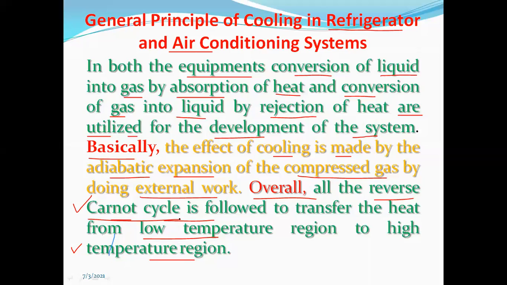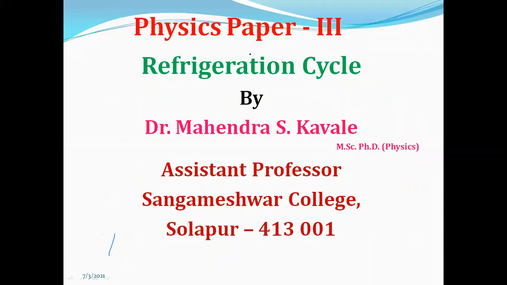Actually, the word reverse Carnot cycle is very important. The reverse Carnot cycle is followed in case of refrigerator and air conditioning systems. After that, the first point or the first cycle is the refrigeration cycle.